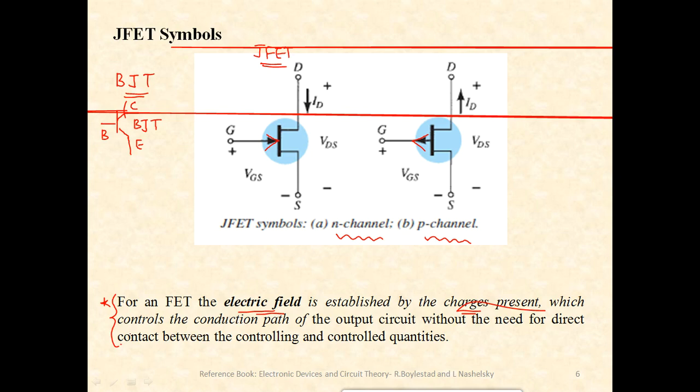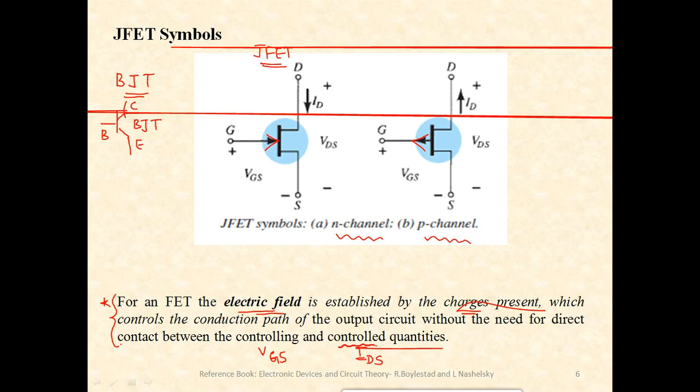What actually do we mean by controlling and the controlled quantities? Well, just to make a point here, for a JFET, the controlling quantity is the voltage applied at the gate with respect to the source, which is called VGS, and the controlled quantity is the drain to source current.